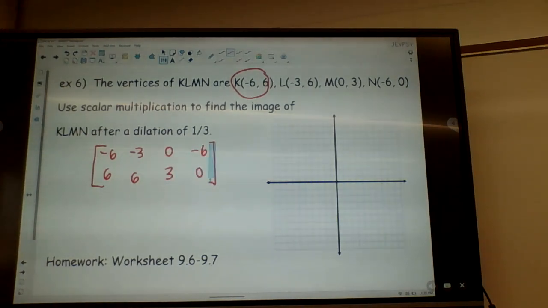And what I think this does is it just organizes things a little bit. Says use scalar multiplication to find the image after a dilation of 1/3. So we're going to take this and we're going to use 1/3 as my k value, or my multiplication value that we're going to be multiplying by. Now I will end up graphing this, so if you want to start graphing it as well.